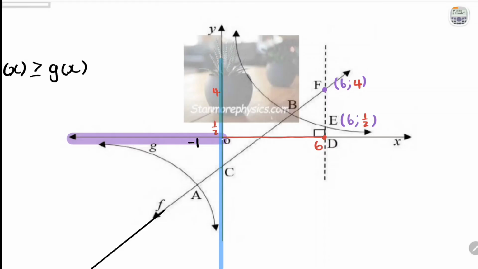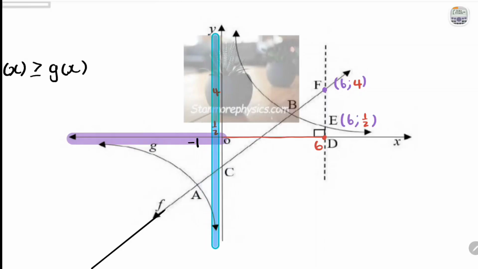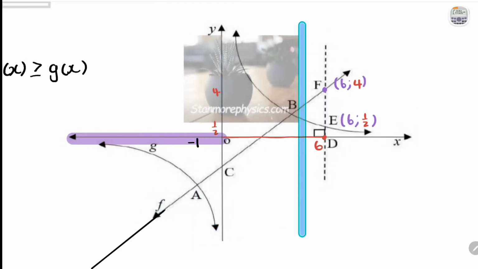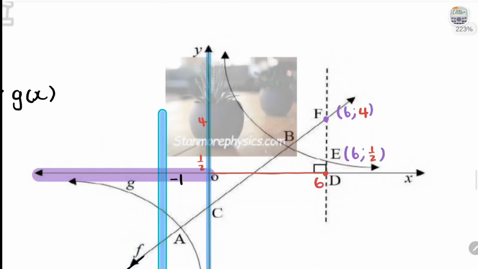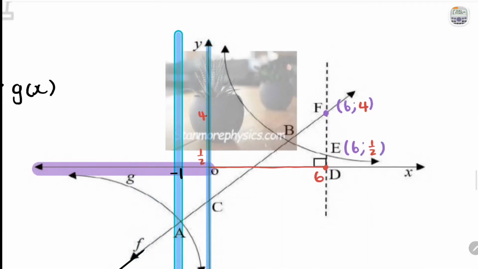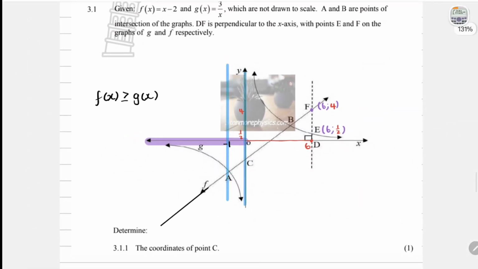And then once you move past the asymptote, to the right, look what starts happening. The graph of g is now above the graph of f, and that's not what we want. We want the graph of f to be above the graph of g. So it only happens between from here, and I'm going to copy that, and then here at this point of intersection at A. So it's only happening between there.